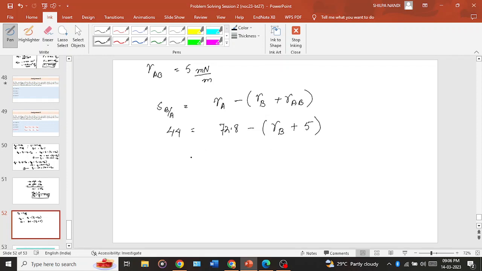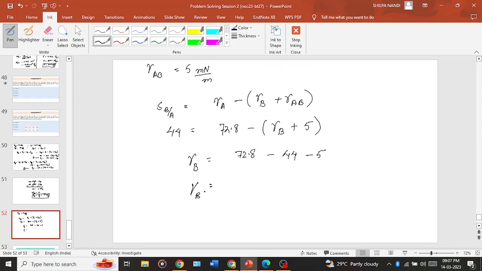So how much can we get for gamma B? It is equal to 72.8 minus 44 minus 5.